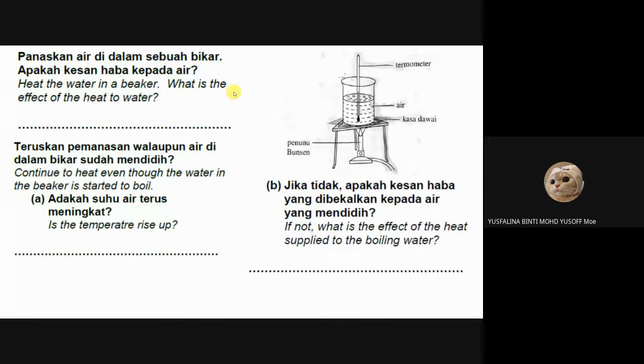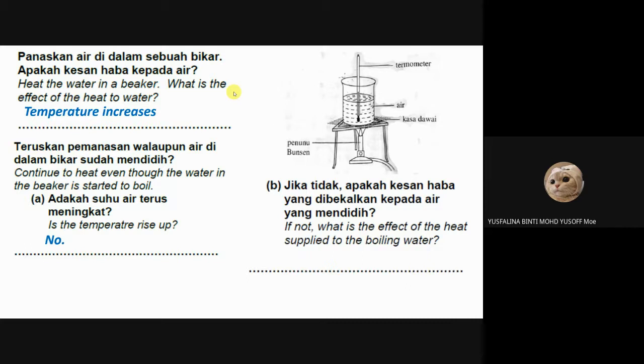So let's see the boiling process. What is the effect of the heat on the water? The temperature will increase. The next step is to continue to heat even though the water in the beaker has started to boil. Does the temperature rise up? For this one, no. Because at the boiling point, all the water will change to gas, so it needs the energy to break up the bond from the liquid so it can change to gas.